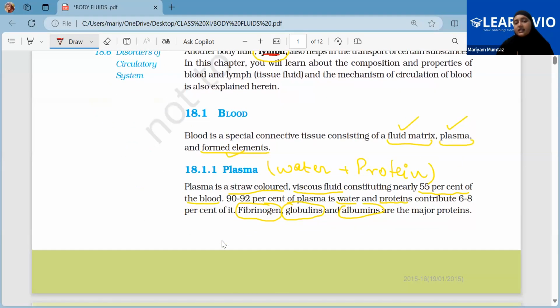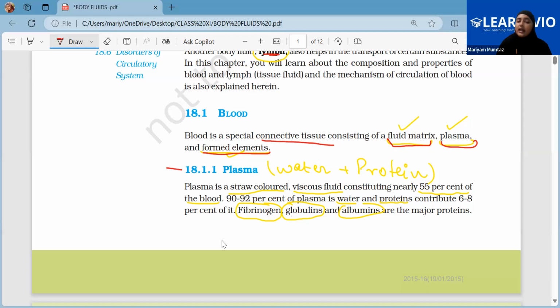Talking about the blood, it is a special connective tissue. What does the blood contain? It contains the fluid matrix, the plasma, and the formed elements, sort of like the cells that are present.